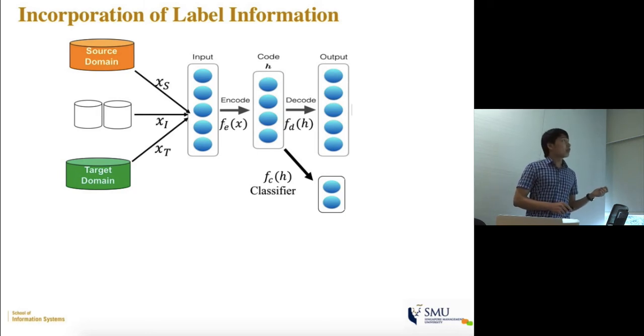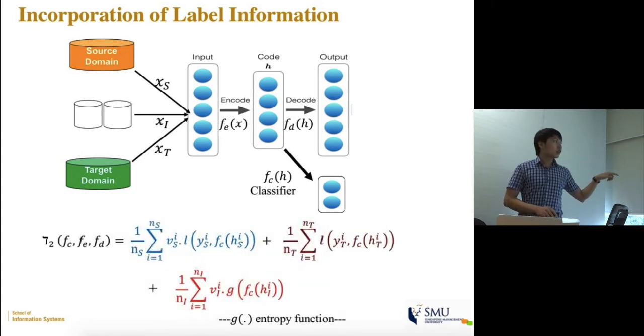So how? They actually make use of the label data. For the label data, when you learn a hidden representation, you also need to learn a classifier that can fit as many labels that you have at hand as possible. And that is done by a classifier function fc here. So this process will induce another loss function which is defined over label data from the source domain and label data in the target domain, and the unlabeled data in the intermediate domain.